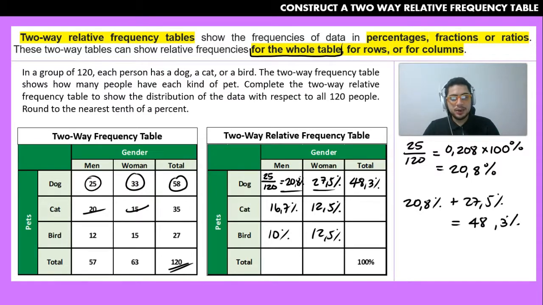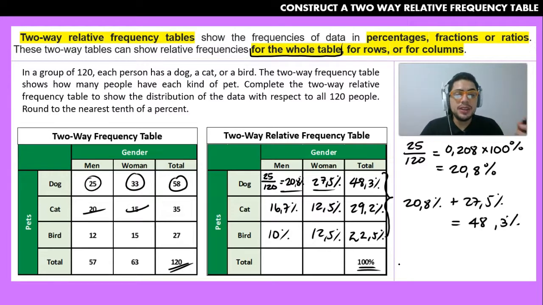So 16.7 plus 12.5 is going to give us a total of 29.2%, and then 10 plus 12.5% is going to give us a total of 22.5%. And then we try adding the three of them, right? So 48.3 plus 29.2 plus 22.5 is going to give us the total of 100% that we had, right?